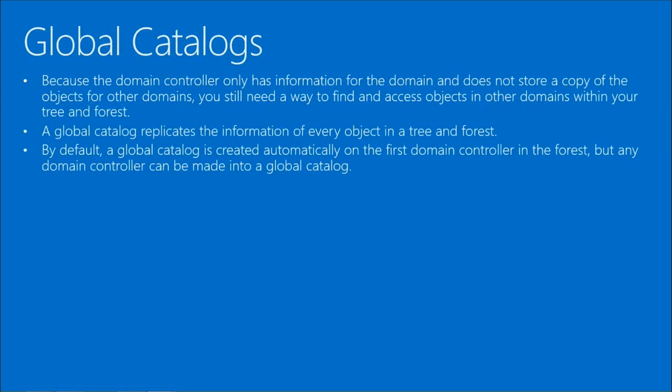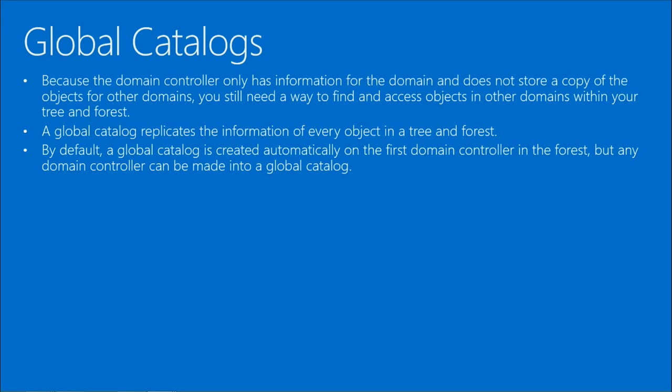Global catalog. An Active Directory domain controller only has information for the domain and does not store information about objects in other domains. So when we talked about trust relationships, you may still need a method to find out information about other objects in other domains.